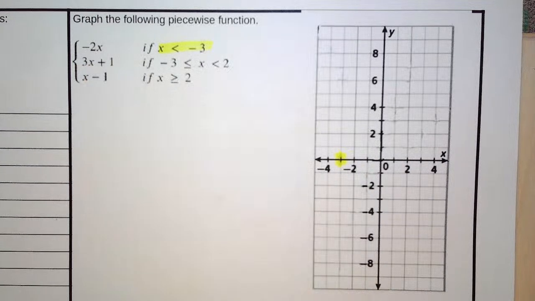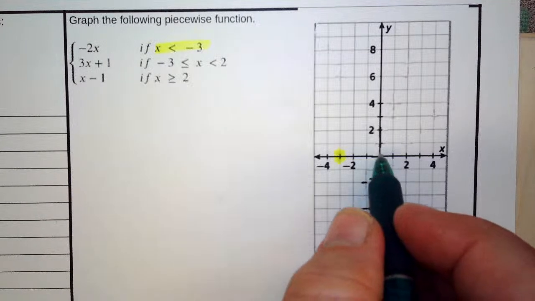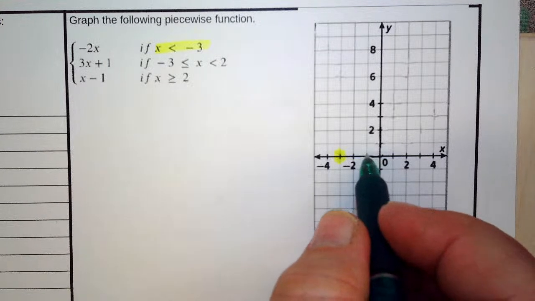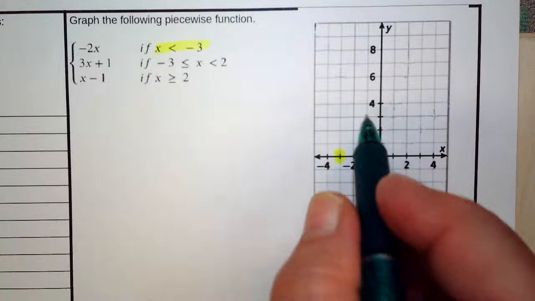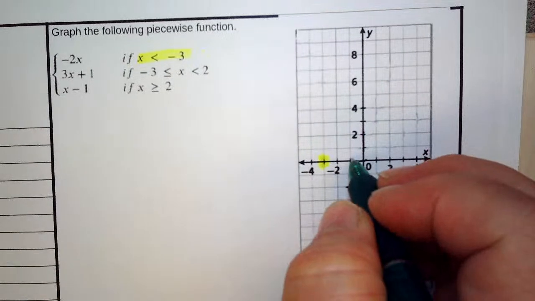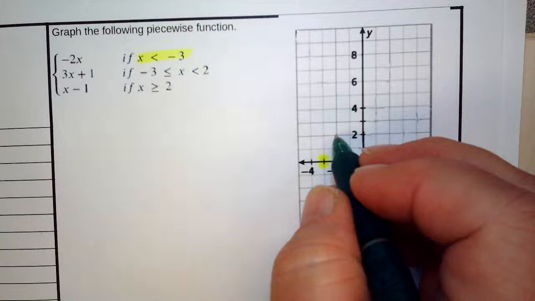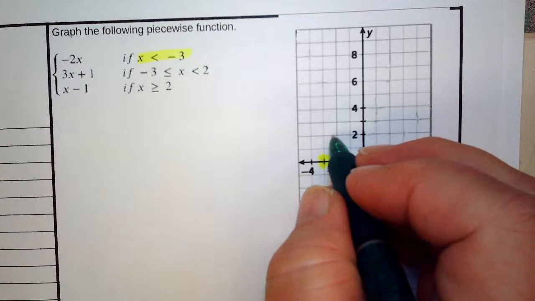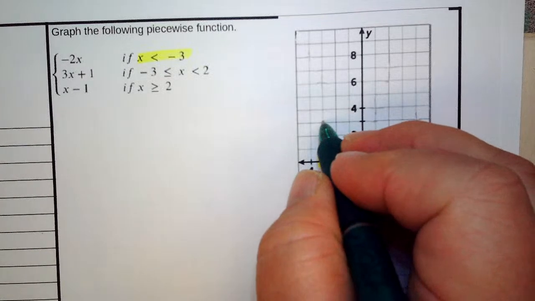-2x means that it'll start here, and if I go over 1, up 1, over 1, up 1. So if I go over 2, I go up 2. If I go over 3, I'm going to go up 3.